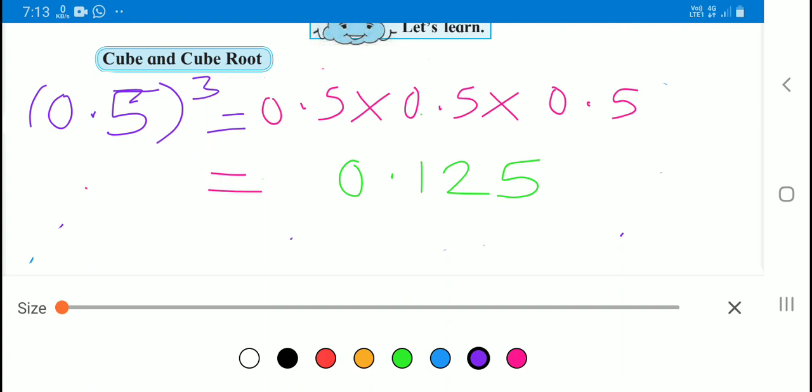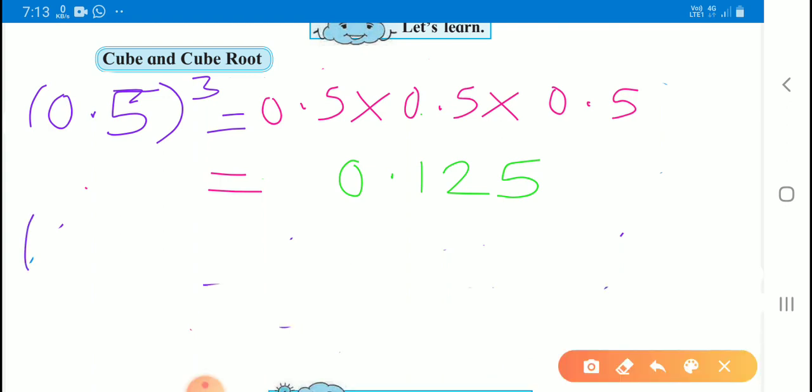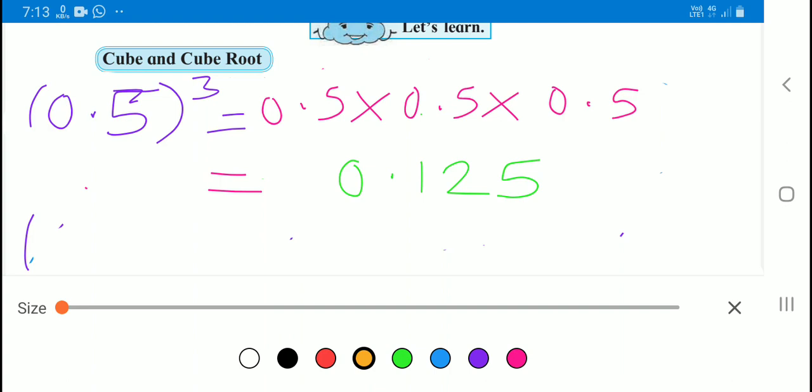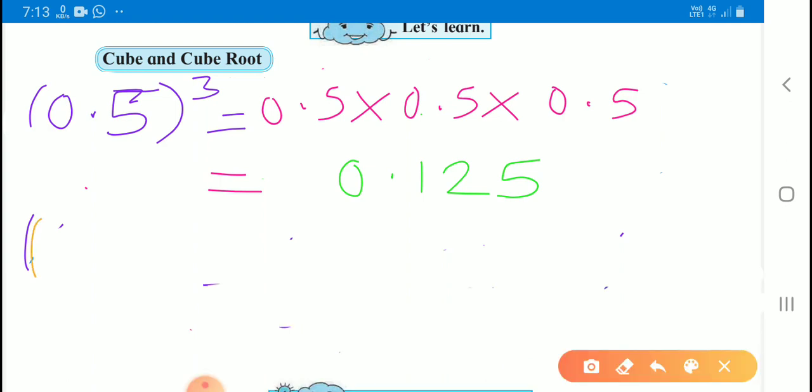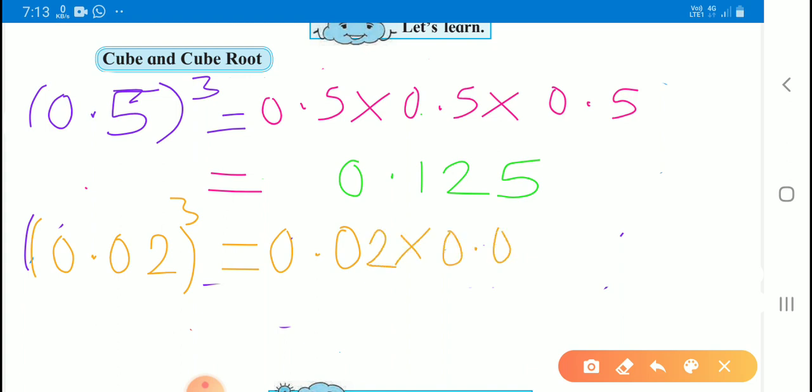Now one more example I will take here, with another color. 0.02 bracket cube. Now see here, how many times we have to write this? 0.02 into 0.02 into 0.02. Now look, do you know the cube of 2?